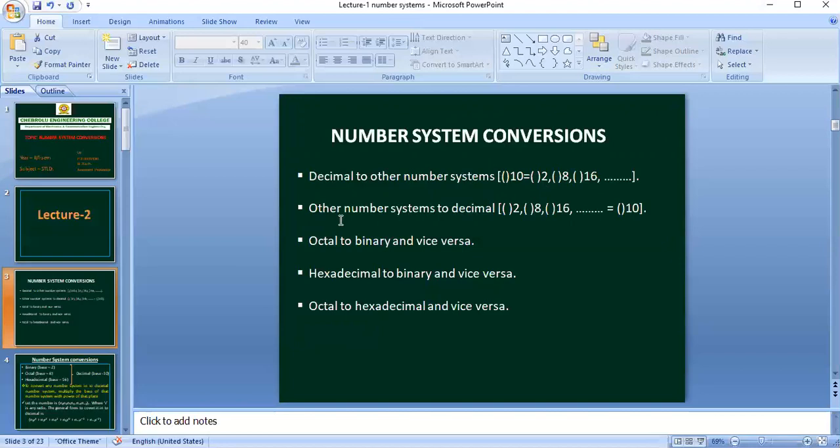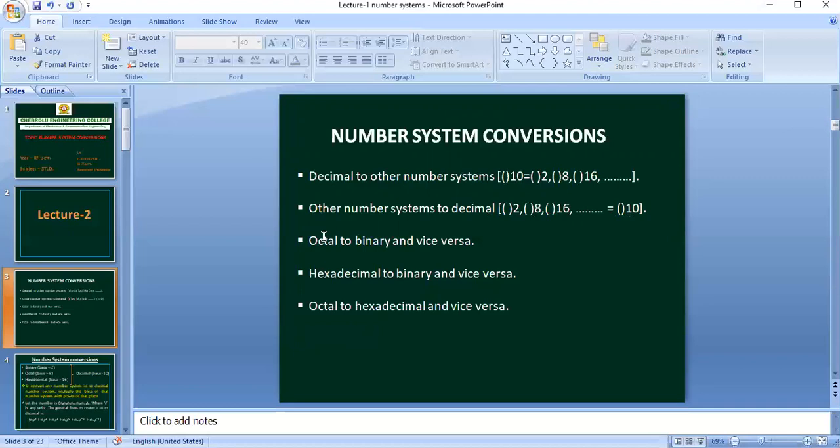The next one is other number systems to decimal. It may be binary, octal, hexadecimal, or base 3 or base 7, whatever it is; you have to convert it into decimal.